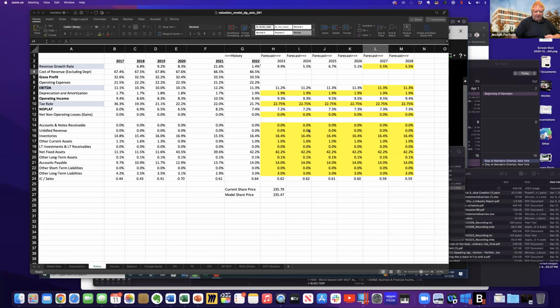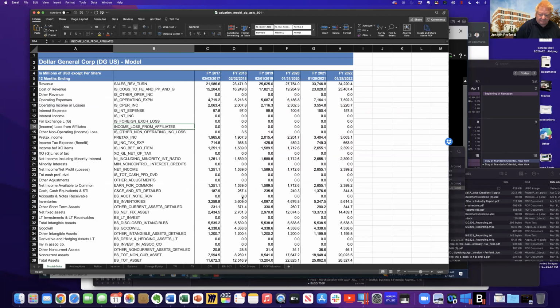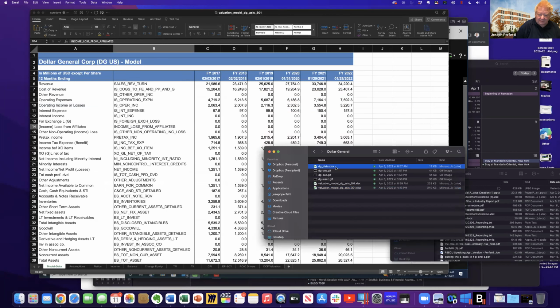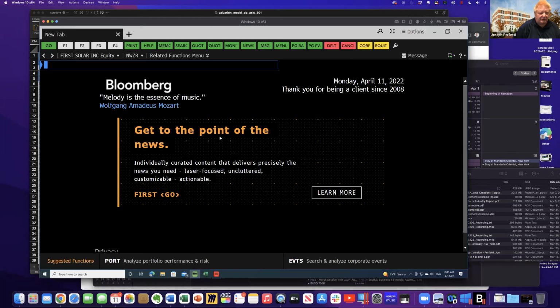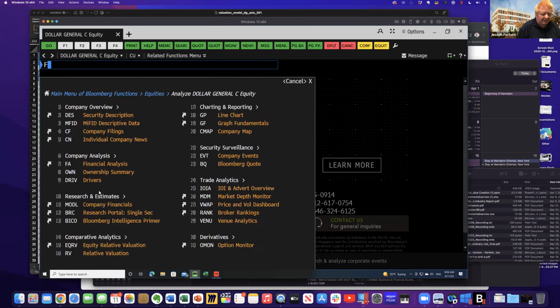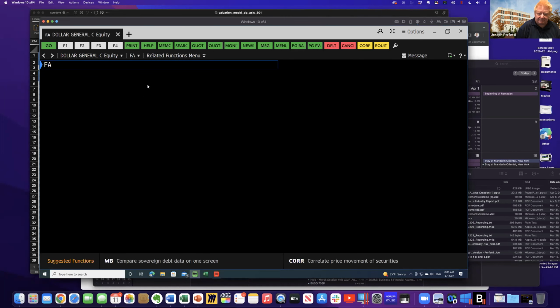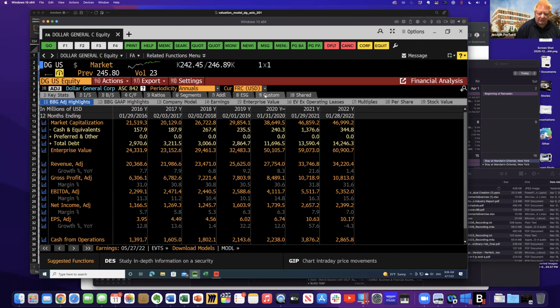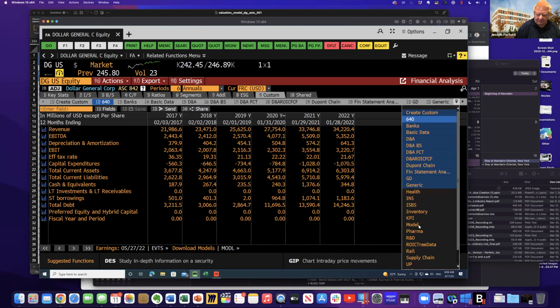All right, so this is my Dollar General as-is model. So the first thing, as I said, that we needed to do was export your data file from Bloomberg using Dollar General FA, and then under custom, you should have the model template.